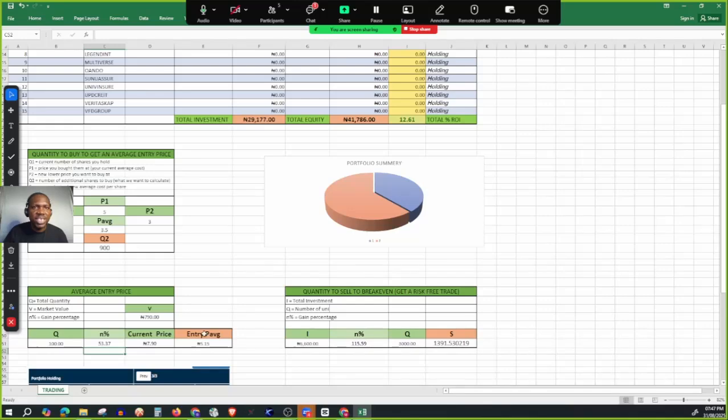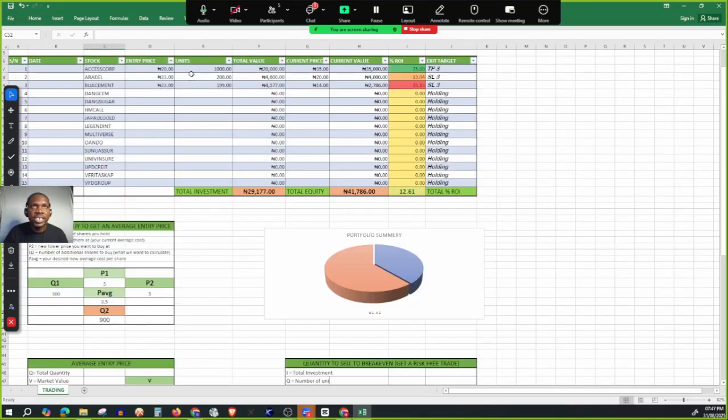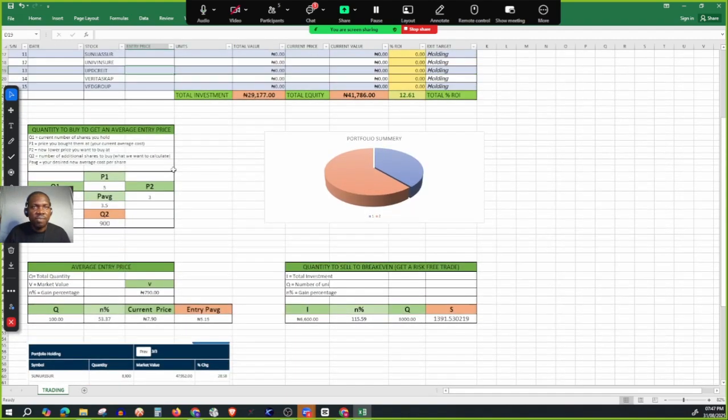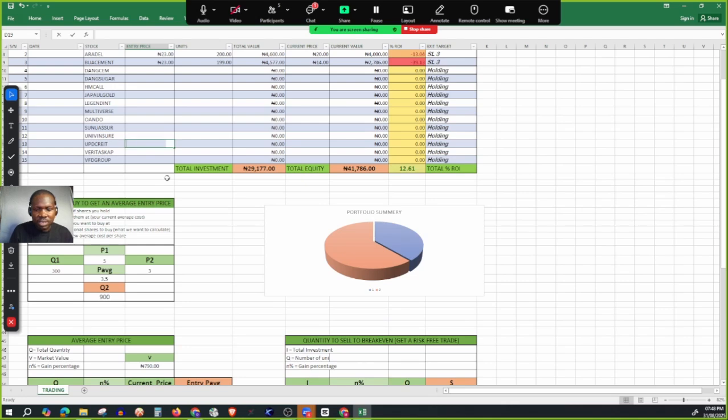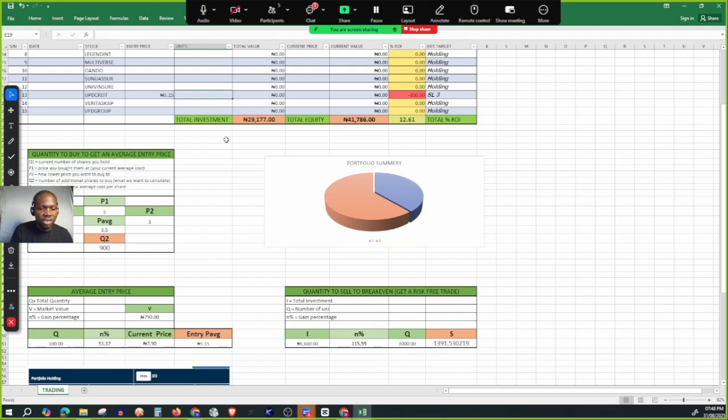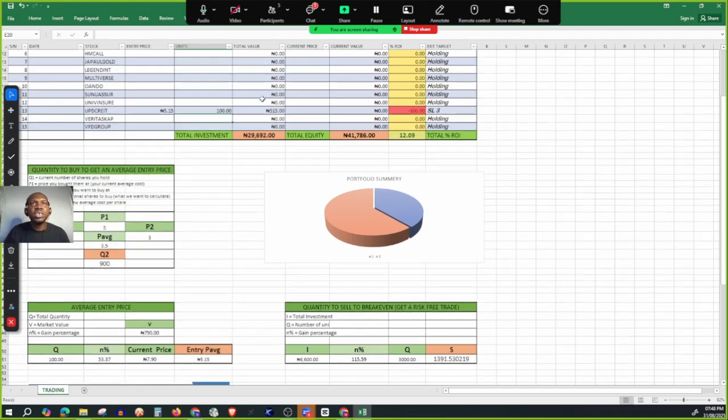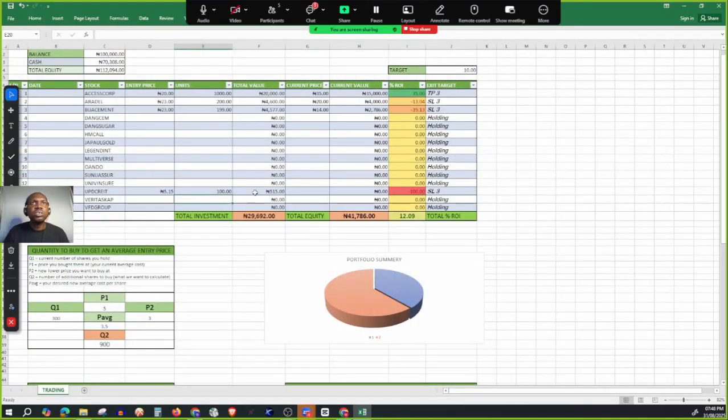So you can come here. This average price is actually what you need here. So I can come to, where is that real estate? This is the real estate. This is 5 naira 15 kobo. When I enter it, what quantity do I have? I have 100 units left. So with that 100 units, this is the price.